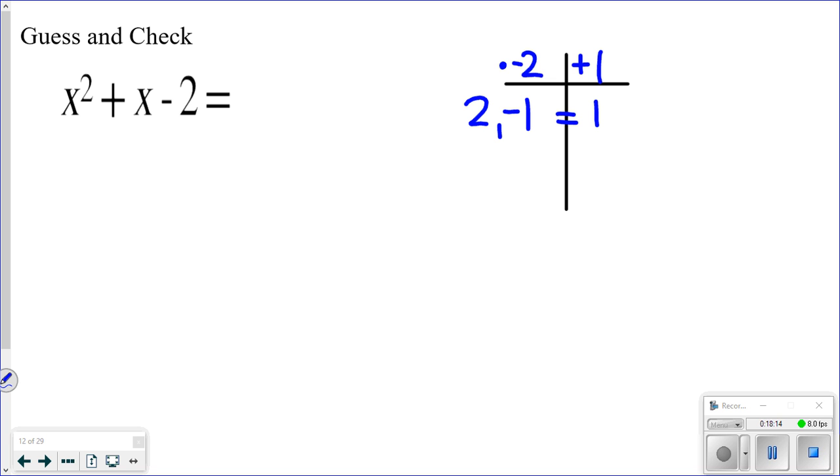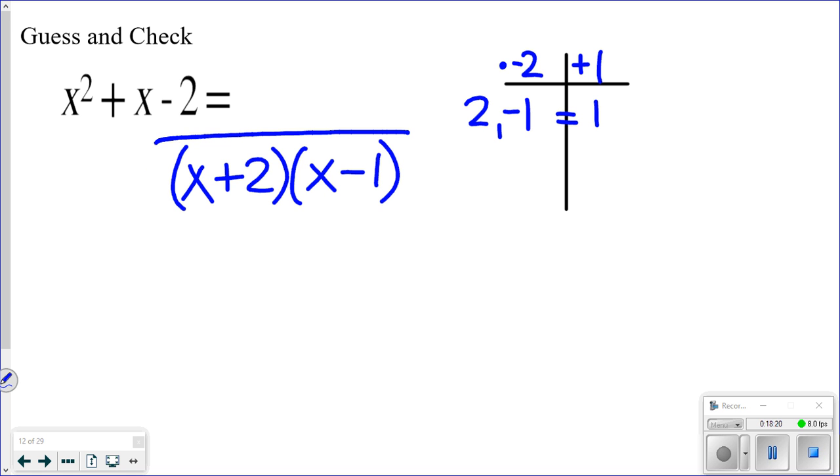It would have to be a positive 2 and a negative 1. And it's okay if these don't come as easy as the last ones because it might take a few more seconds to figure out which factor is positive and which is negative.